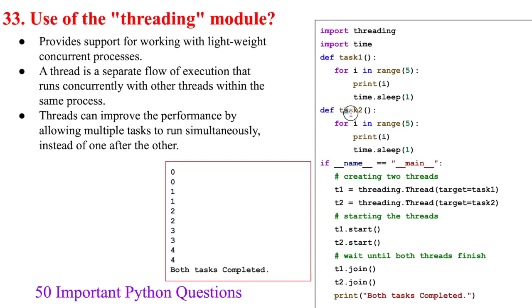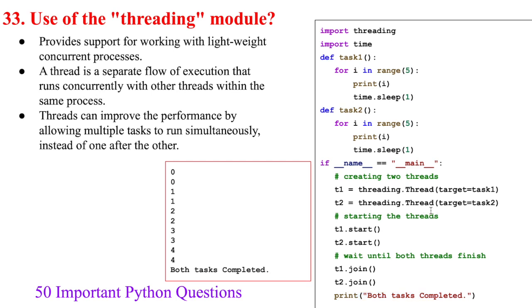Once the threads are created, the start method is called on each thread to begin their execution. The join method is then called on each thread to wait for them to complete before continuing execution of the main thread. And finally, a message is printed to the console indicating that the tasks have completed.